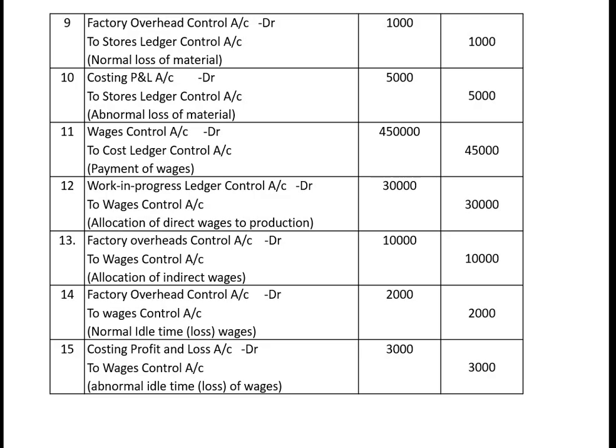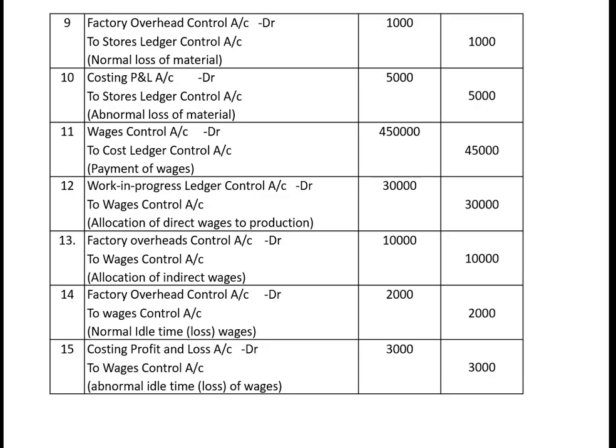How much wages has been paid for the production purpose? This amount is rupees 30,000. So work in progress ledger control account debit to wages control account 30,000. Direct wages, out of 45,000, are 30,000.